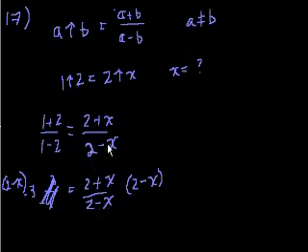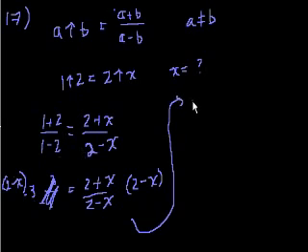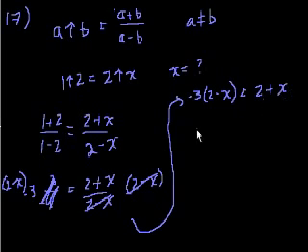Then on the left-hand side, I get negative 3 times 2 minus x, and on the right-hand side, the 2 minus x's cancel out and I get 2 plus x. And then I distribute the 3: negative 6 plus 3x is equal to 2 plus x.